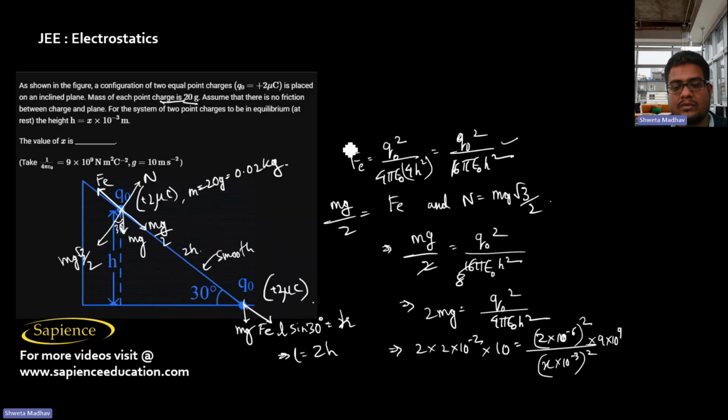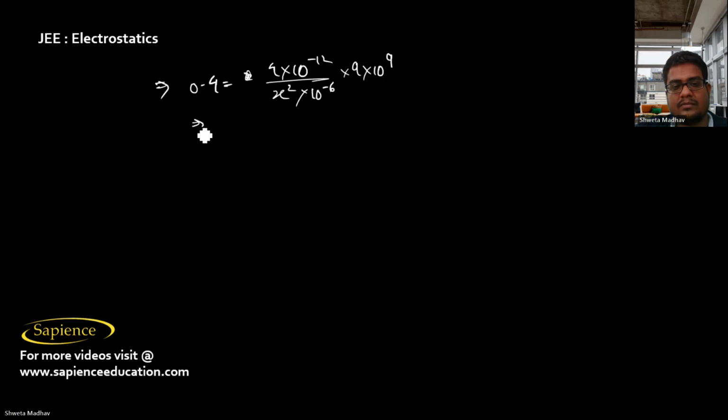By this we have to find x. Therefore we can say 4 will cancel 4, and 0.1 is 10 power minus 1.